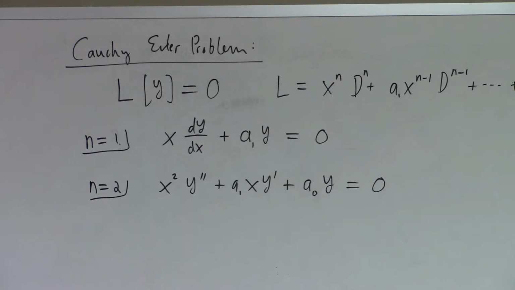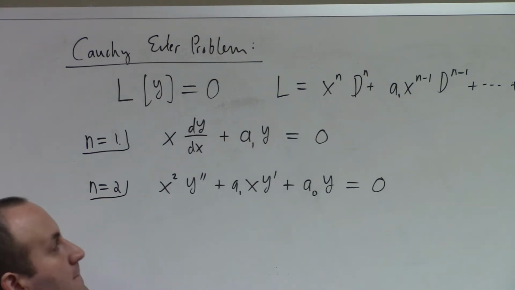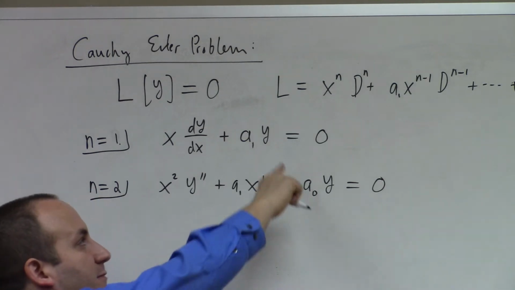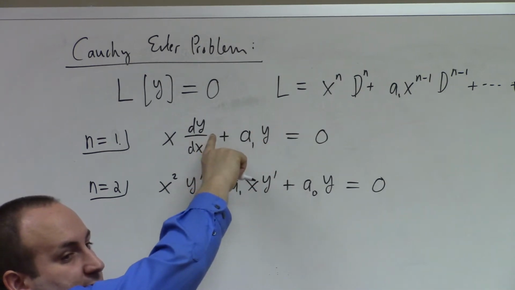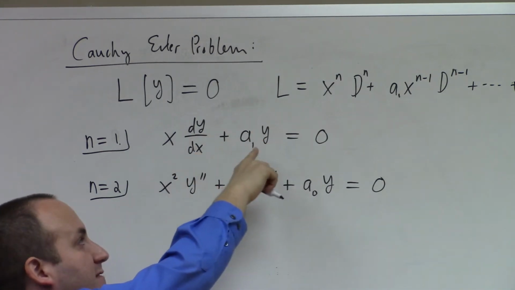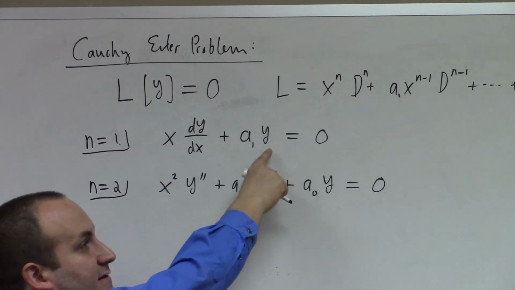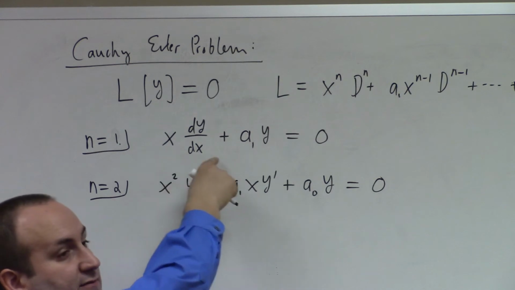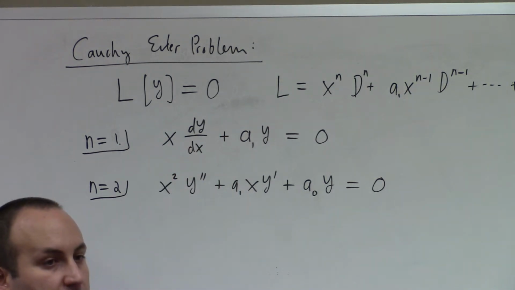Think about a monomial in x, like x squared. If I put x squared here, dy dx is 2x, so I get a 2x squared plus some number of x squared. Or if I put x cubed, I've got x times 3x squared, so I've got sums of x cubes. Maybe for the right power, they can cancel.